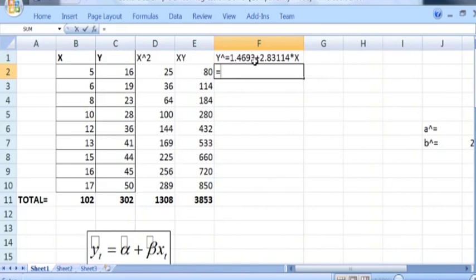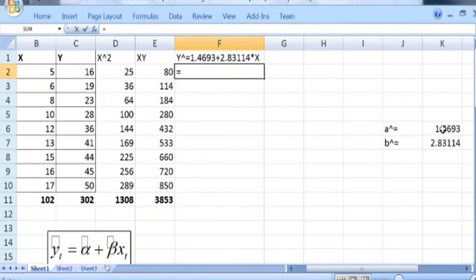A hat is 1.4693, so you can use this cell reference as well. So A hat plus B hat, which in this case is 7, times x. Instead of x, just put the first value of x, which is located in B2, and you have to fix alpha hat and beta hat by using the dollar signs.